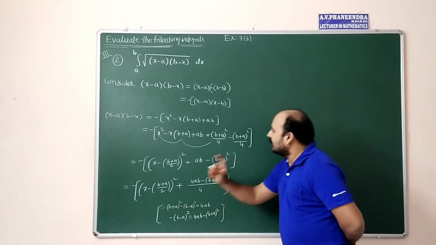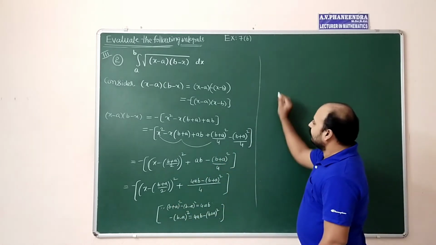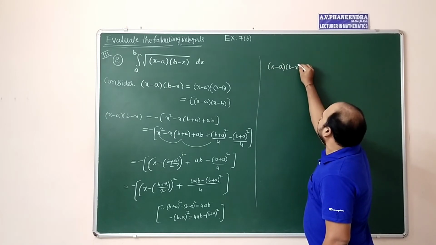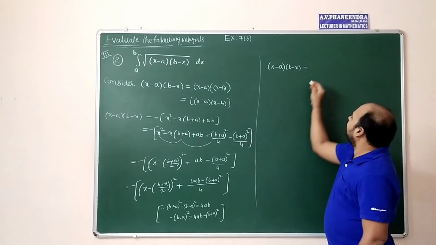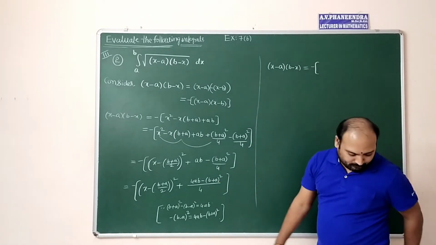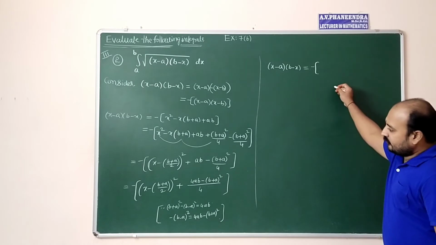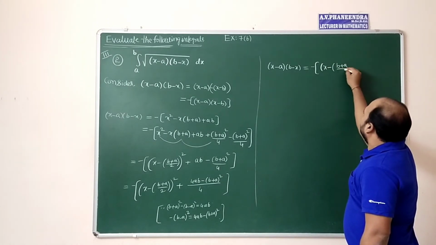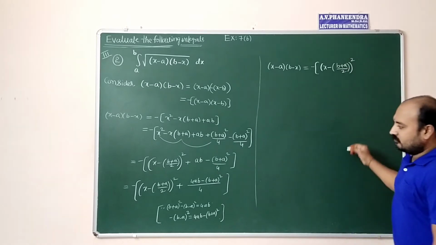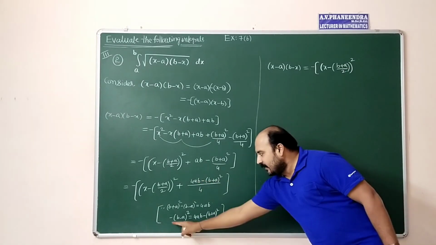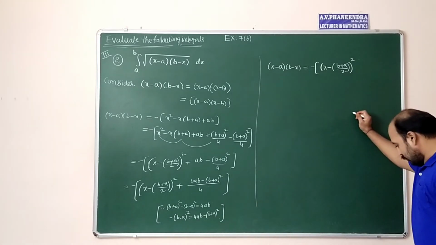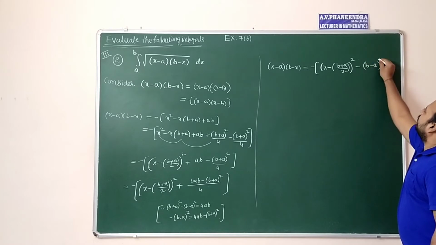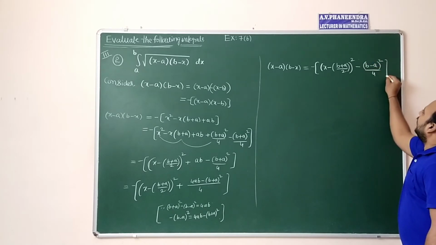Now this term becomes (x minus a) into (b minus x) is equal to minus of ((x minus (b plus a) by 2) whole square, and this numerator value will become minus (b minus a) whole square divided by 4, bracket close.